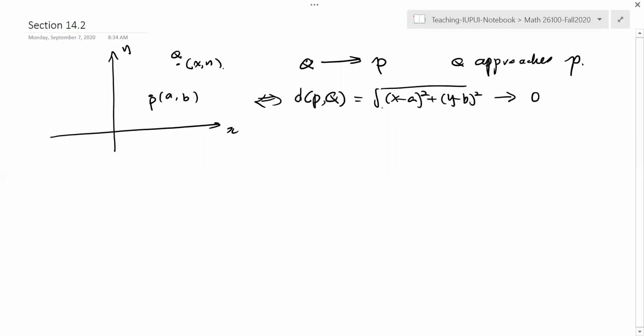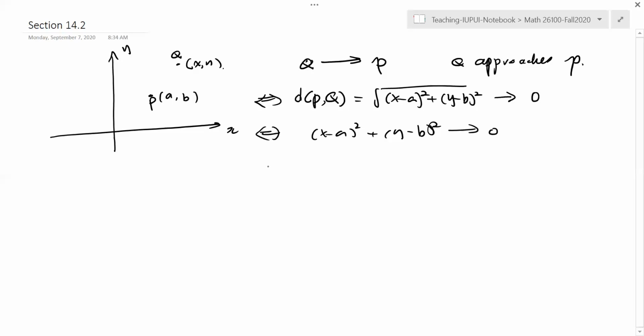Now, this is a square root, so you can remove the square root, and the expression under it approaches 0, okay? So that's the meaning. So this also implies X approaches A and Y approaches B, okay?